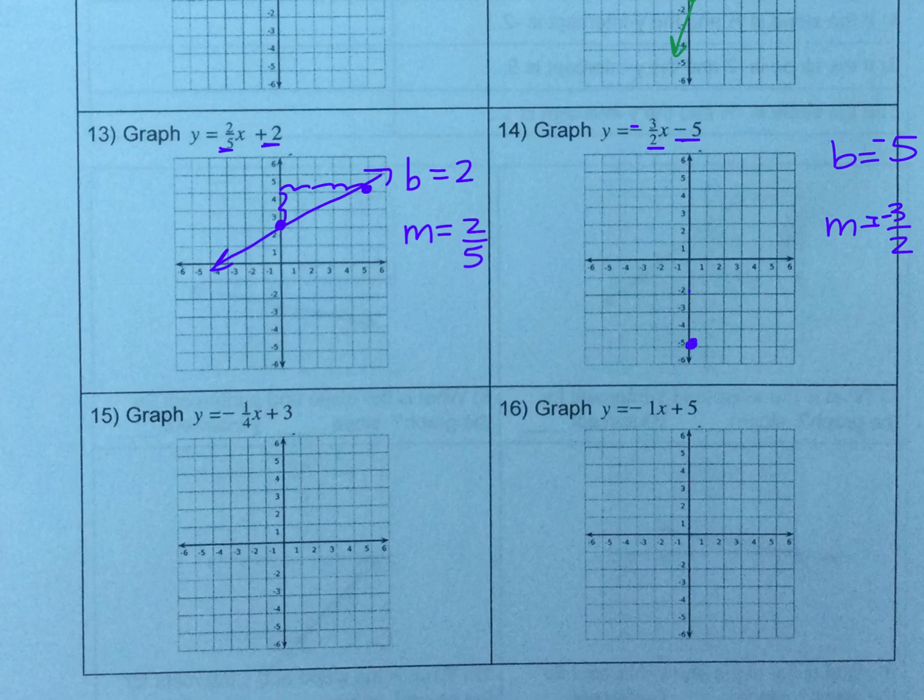Now, I need to rise 3. 1, 2, 3. And because it's negative, I need to go to the left instead of right. I need to make sure it makes a negative slope when I draw it. All right. I would like for you to do 15 and 16 on your own. When you are done, turn the page.